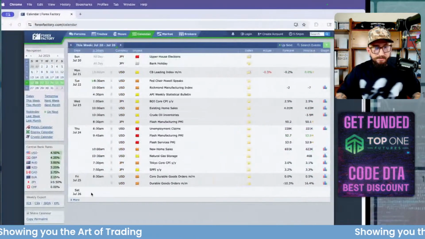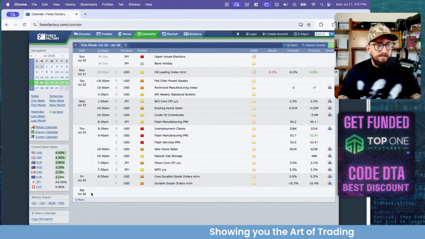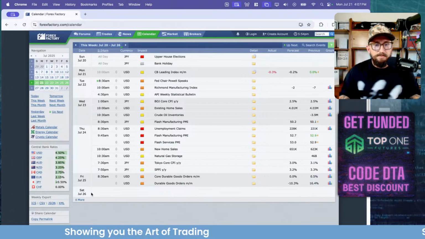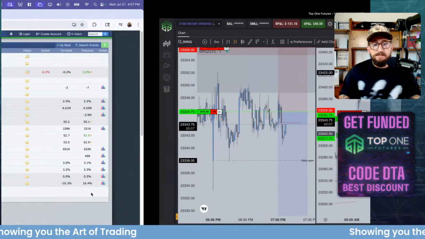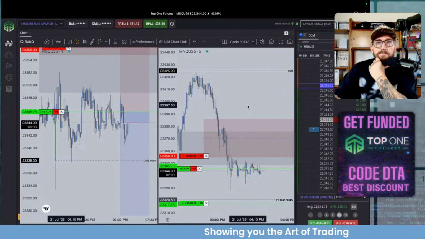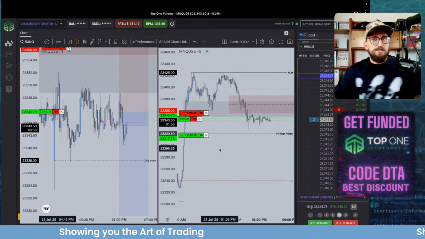Let me double check something. So tomorrow it's just 10 a.m. news, really. That's all it is. 10 a.m. news. July 22nd, 10 a.m. We have Powell at 8:30. I guess that's super significant. But yeah, that could be super significant tomorrow with Powell, because what's he speaking about?